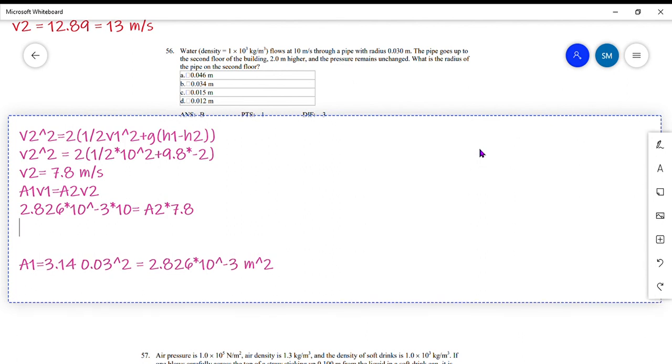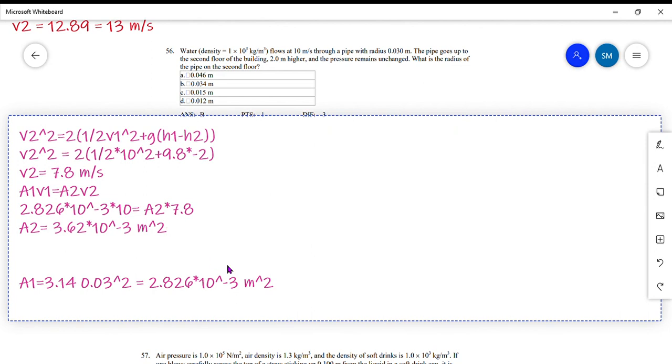After solving this manually or by using the calculator, you will find that A2 is simply equal to 3.62 times 10 power negative 3 meter square.